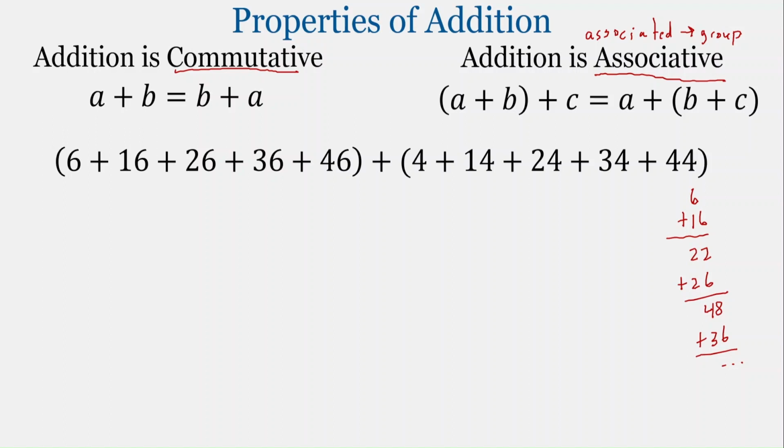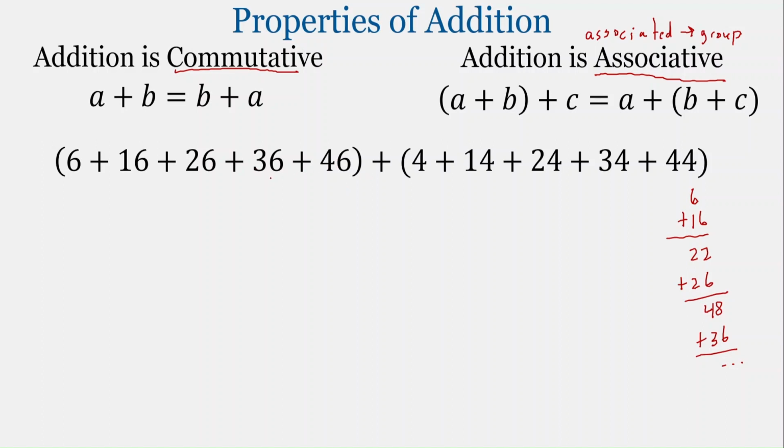So when I'm looking to reorder and regroup addition, I'm looking for multiples of 10 or multiples of 100 that I can create. Because it's easier to add 10 and 20 and 100 and 200 than it is to add things like 17 and 34. Can we form multiples of 10s and multiples of 100 from these?